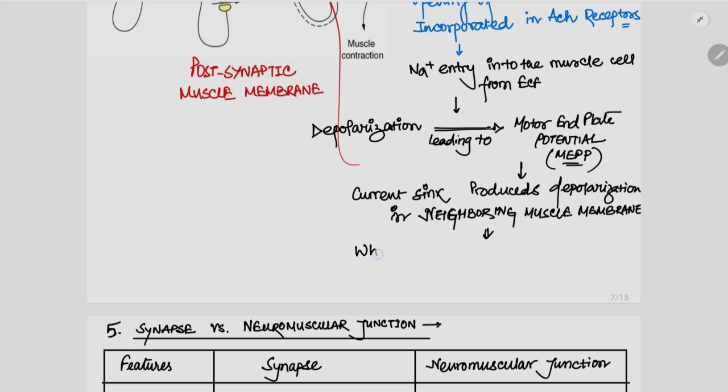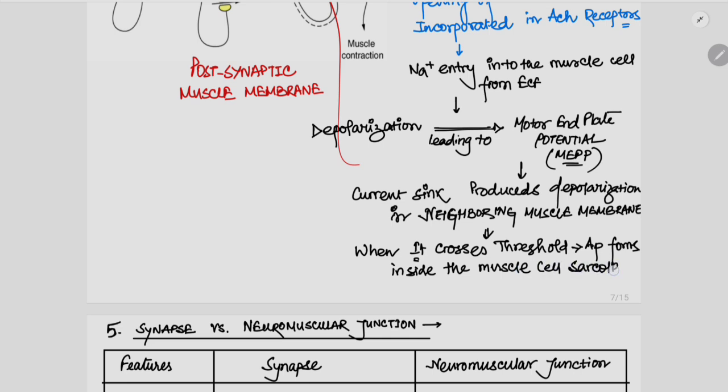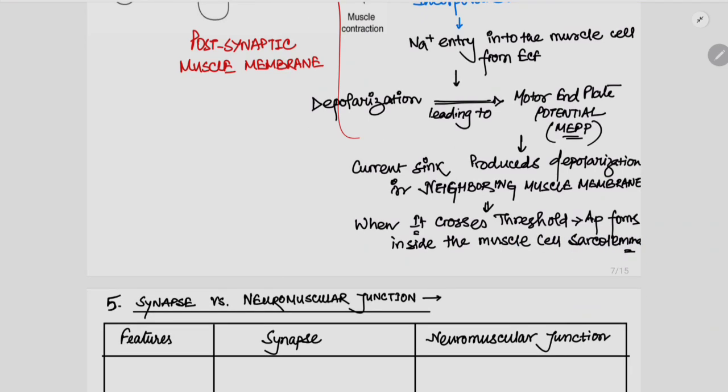Again, when the motor end plate potential crosses the threshold, an action potential forms in the muscle cell sarcolemma, and that action potential runs along the sarcolemma.